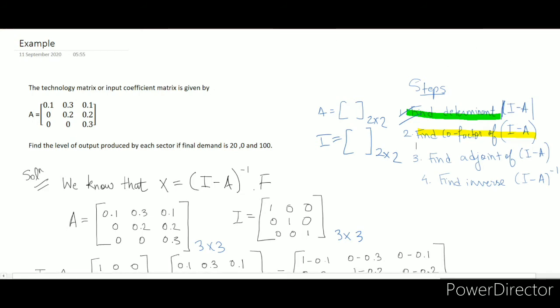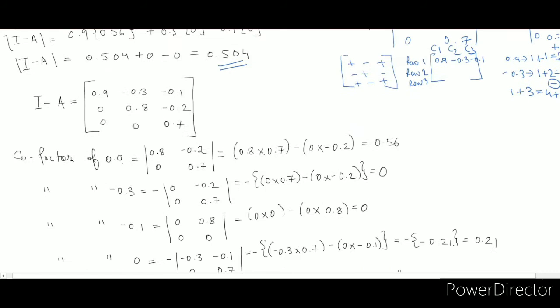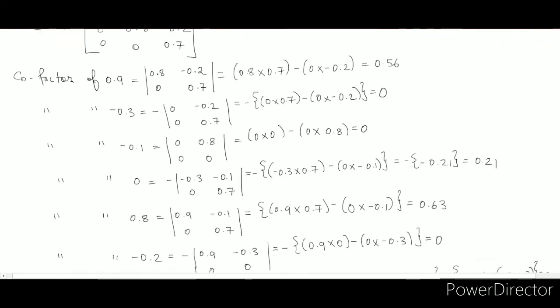So here again, the concept of minors and cofactors become important. Now cofactor is nothing but minor with a sign. Okay, so again we go back to that concept of each element having a positional value depending upon the column number, the row number.